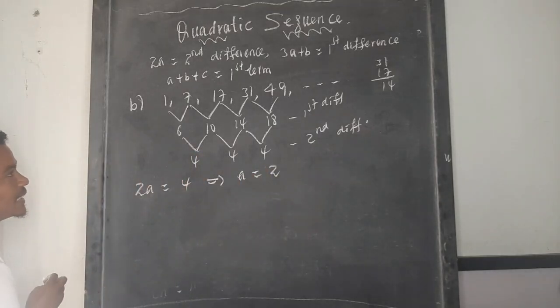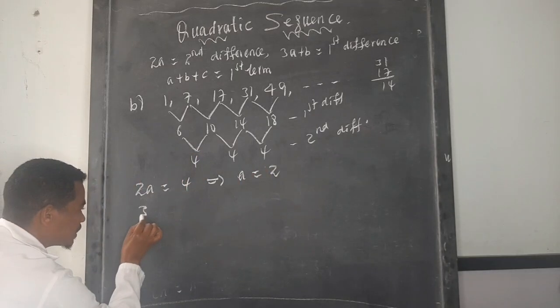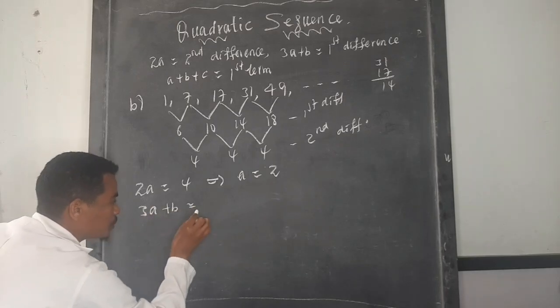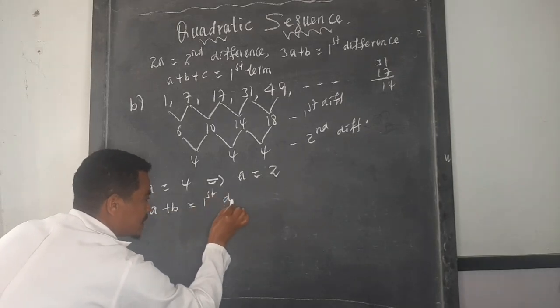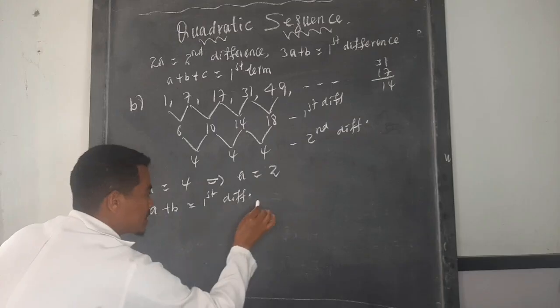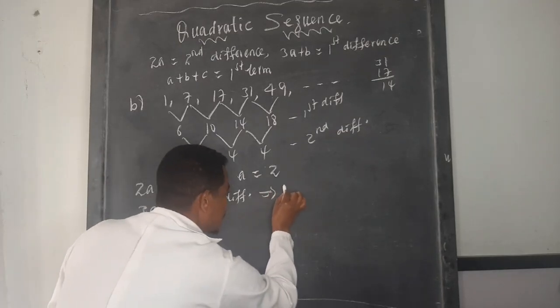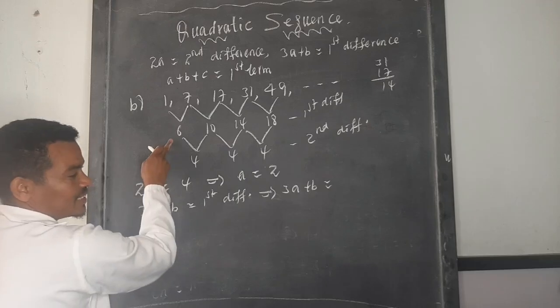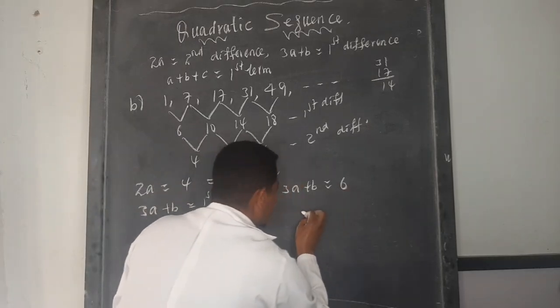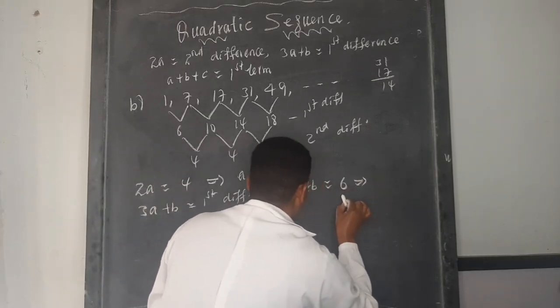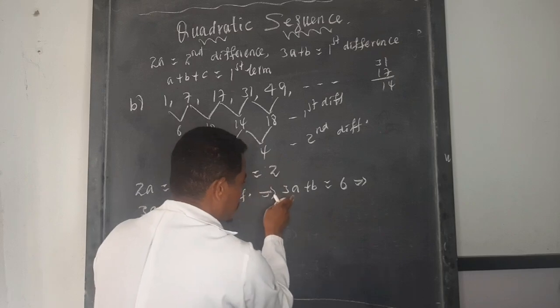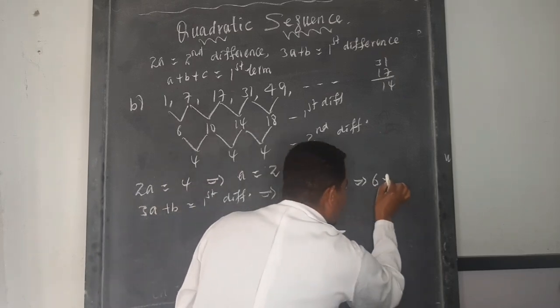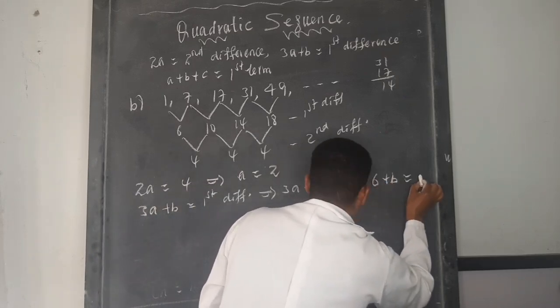The next one is 3a plus b. 3a plus b is equal to the first difference, which is 6, right? This implies a is 2, 3 times 2 is 6, 6 plus b is equal to 6.